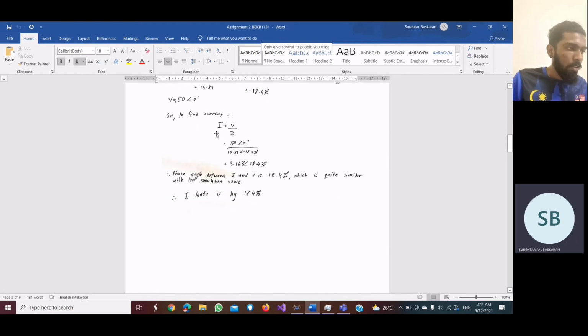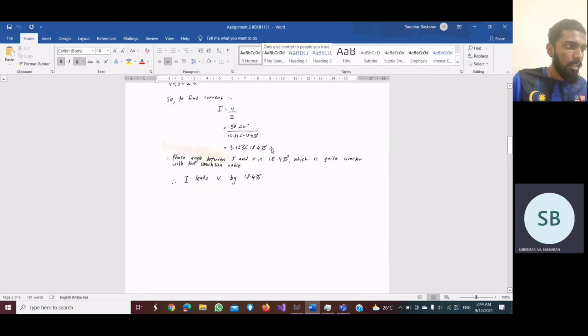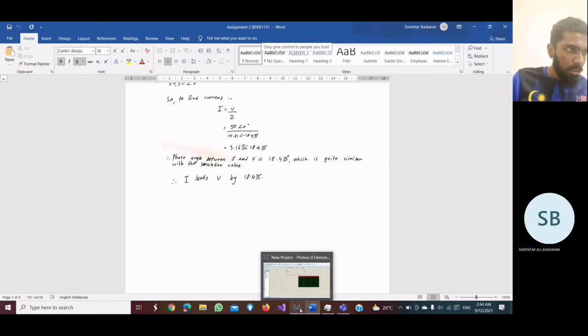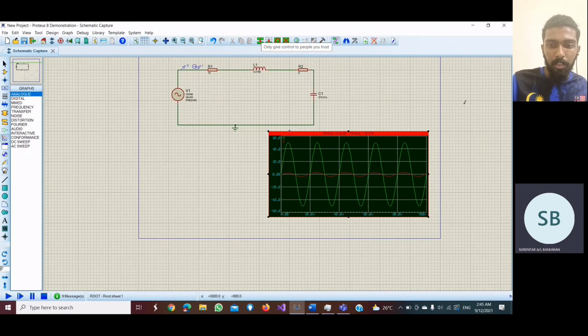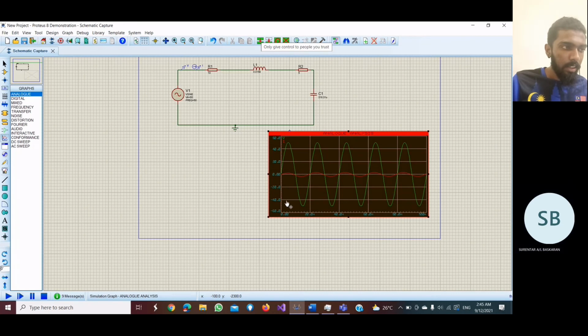To find the current, we know the formula is I equals V over Z. We substitute the value of V and the value of Z, calculate, and we will get this value of I. And one more thing, by referring to this graph, you can clearly see that the circuit is a capacitive type of circuit, because I leads V.